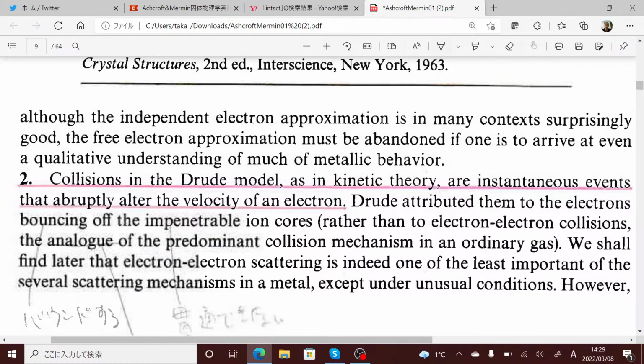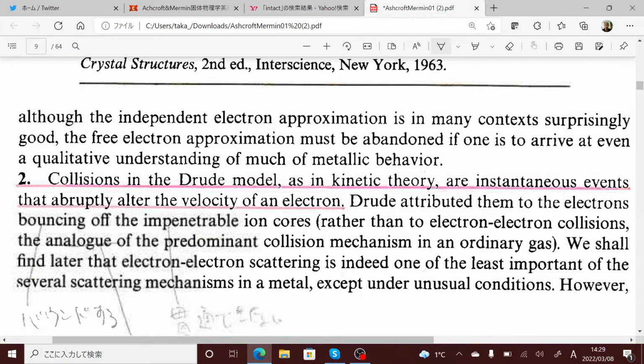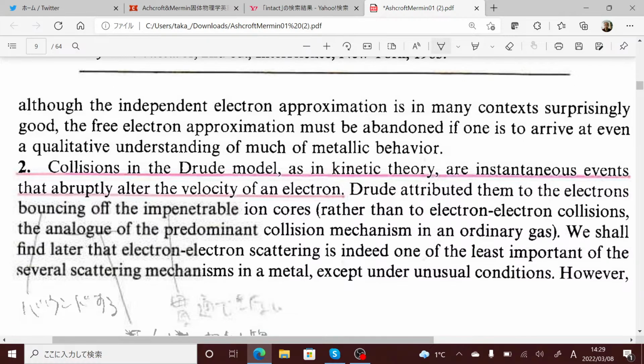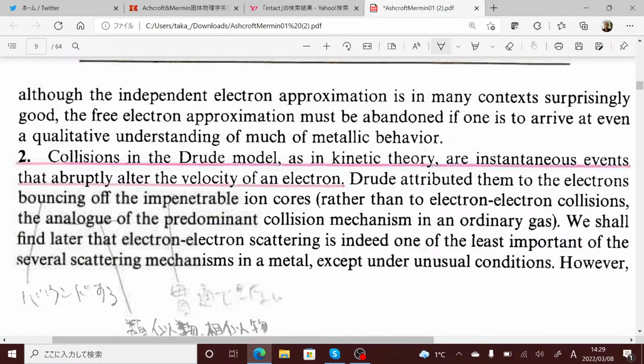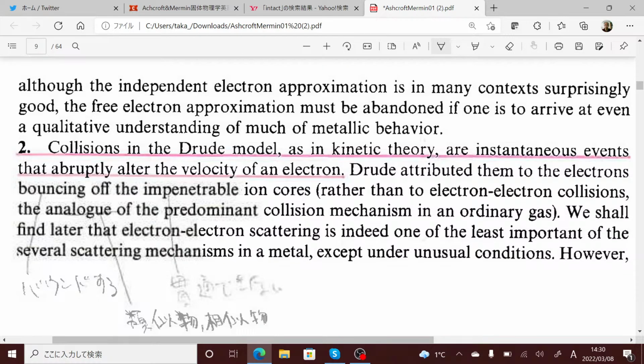Drude attributed them to the electrons bouncing off the impenetrable ion cores, rather than to electron-electron collisions, the analog of the predominant collision mechanism in an ordinary gas.